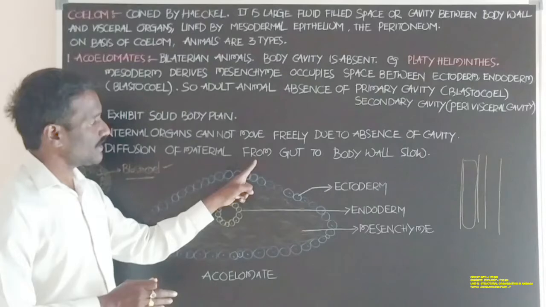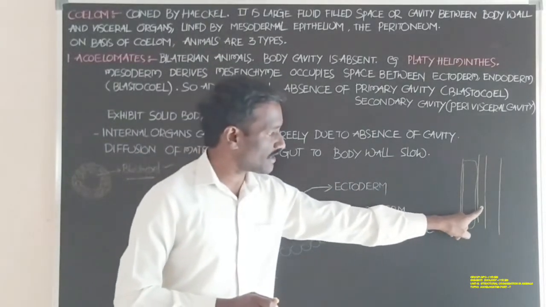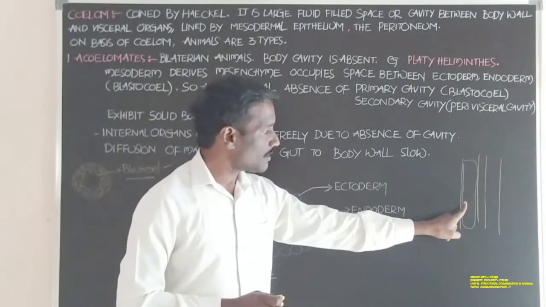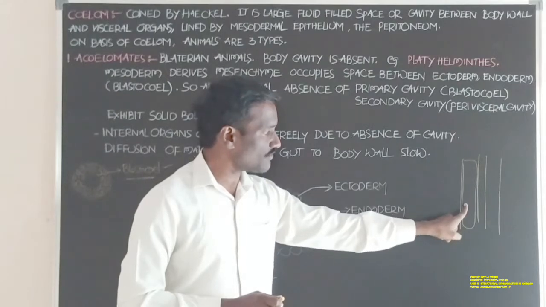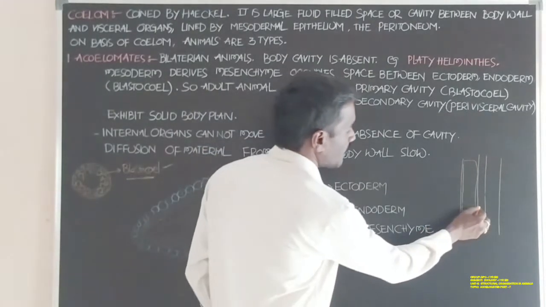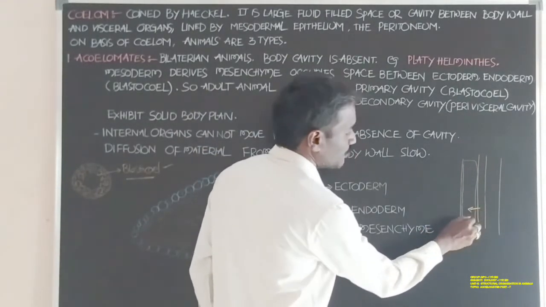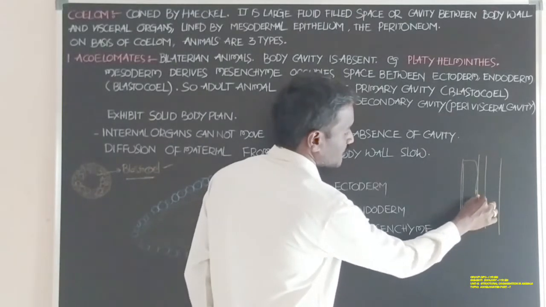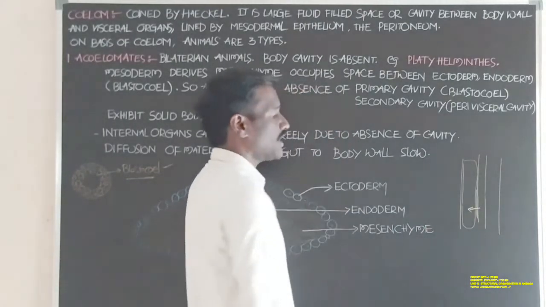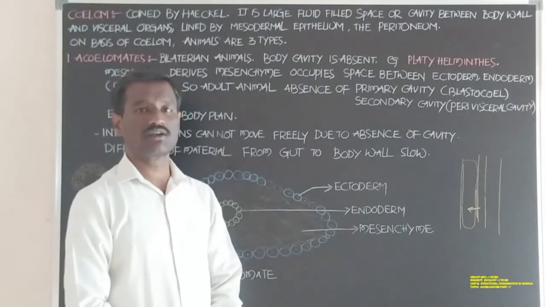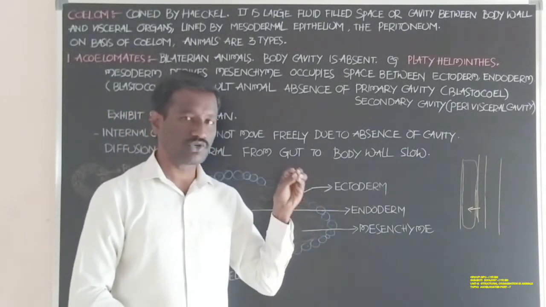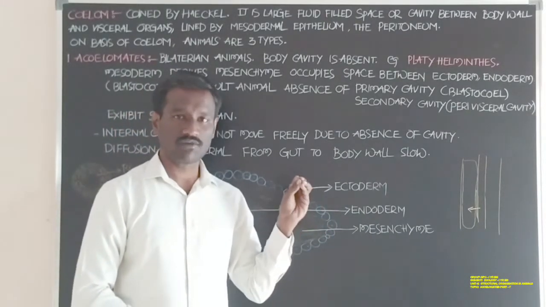Diffusion of food particles from the food tube, or the gut, to the body wall is slow in this type of animal.